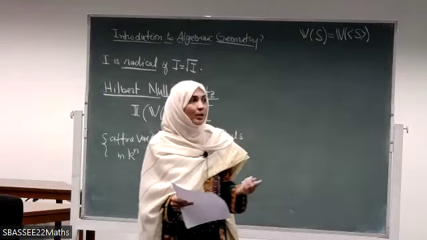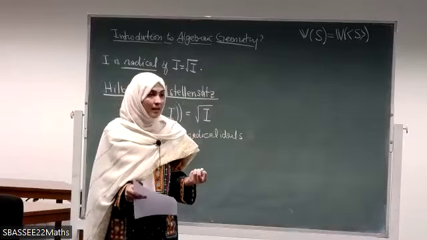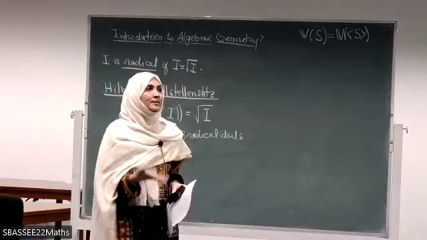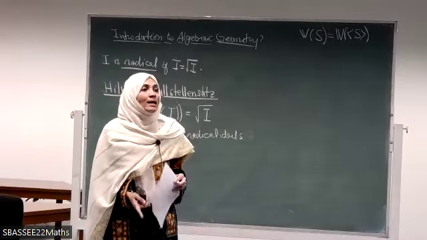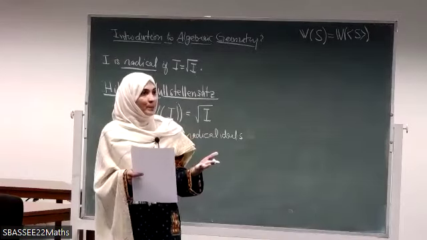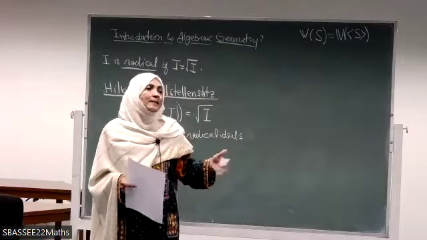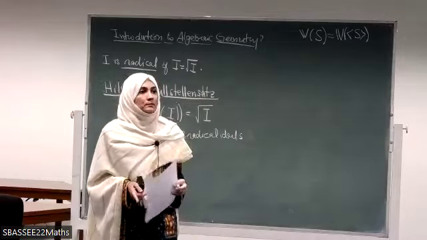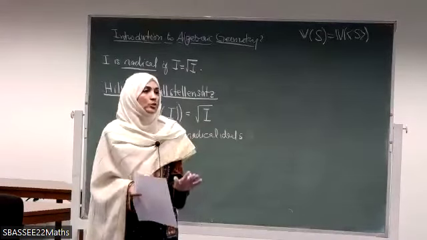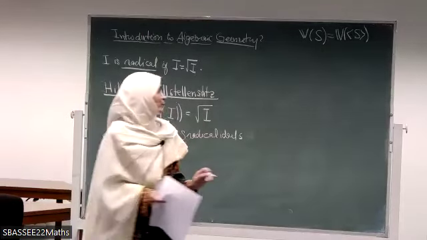That's a very good question, because later on we want to do computation, and then we will answer it. There is a special set, called the Grobner basis of this ideal, and that is unique. So in general the generating set is not unique. At this moment, that is the answer.